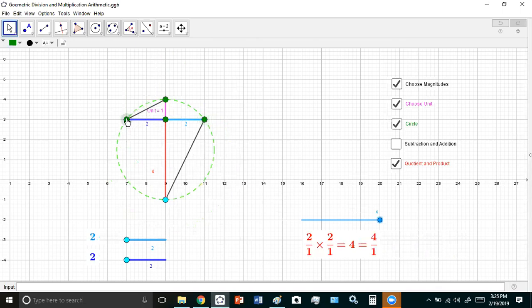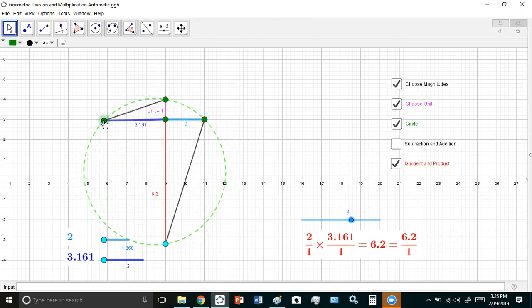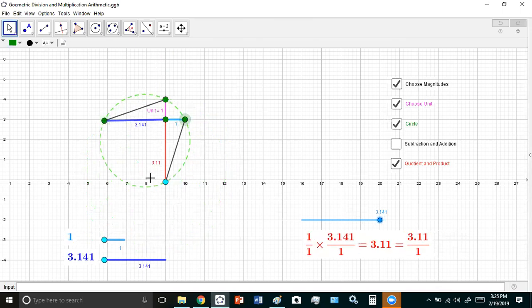So for example, let's say we had pi, which is about 3.14, something like that, right? And we had 1 times pi. Okay, it's approximate.